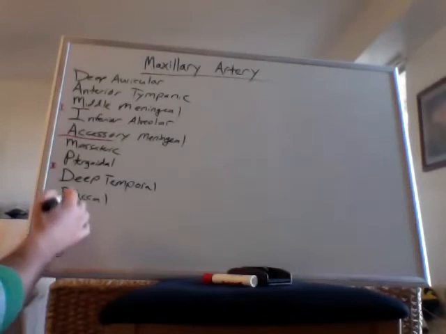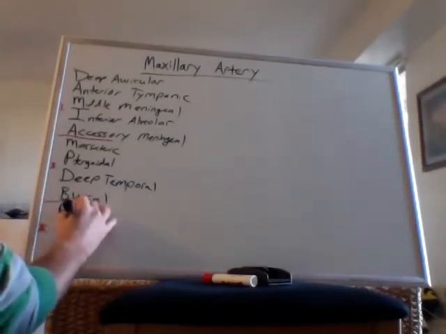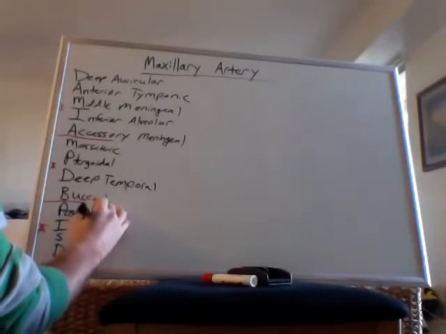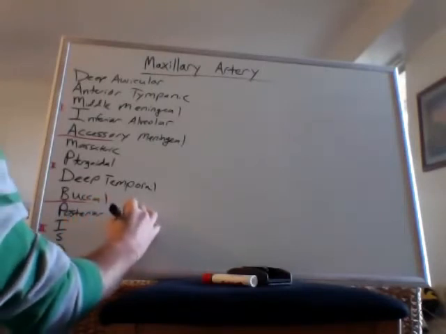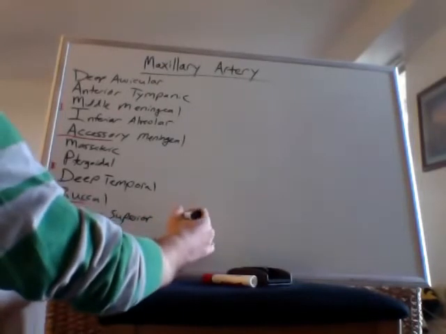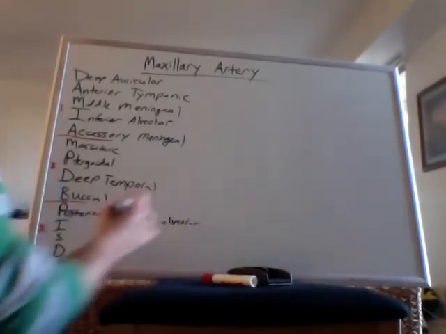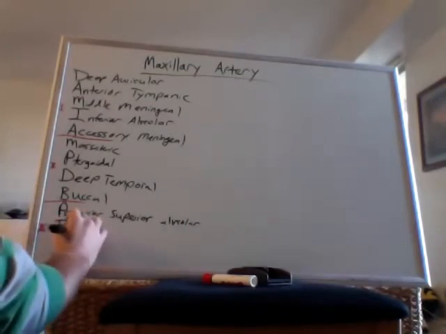And then we get into the third segment. And this one right here is kind of tricky. It's posterior superior alveolar. Then the next one we have is your infraorbital.